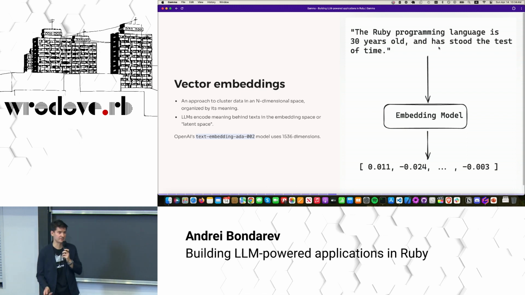So for example, we could take this string: The Ruby programming language is 30 years old and has stood the test of time. Isn't that true? And we run it through an embedding model, and it spits out a vector of length 1536.